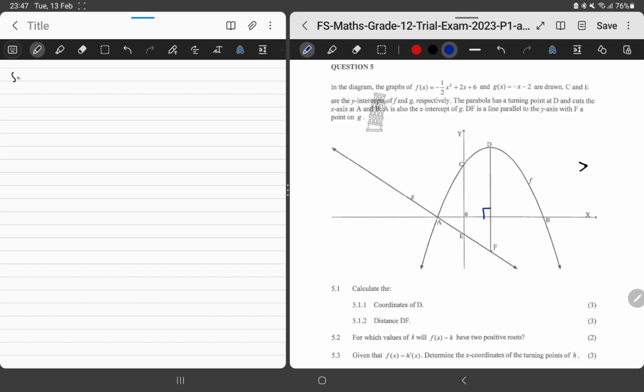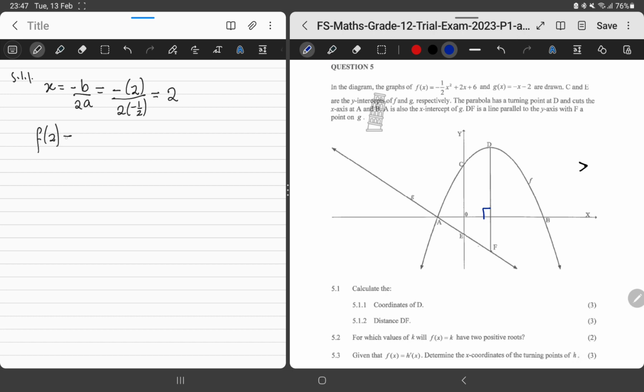Okay, 5.1.1. Calculate the coordinates of D. We just have to find the x value of the turning point. So this is minus b over 2a, which is minus 2 over 2 times minus 1 over 2. That is going to give me a 2.